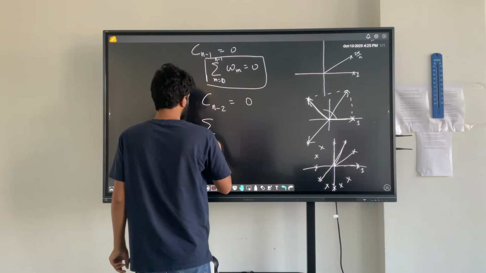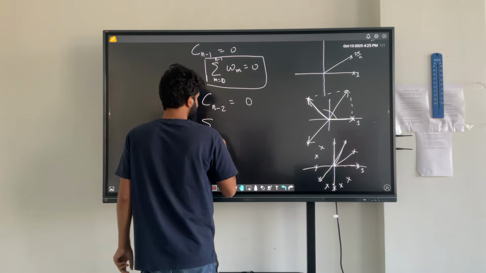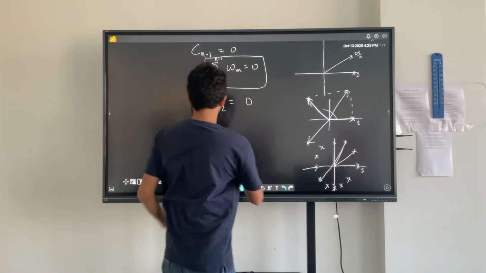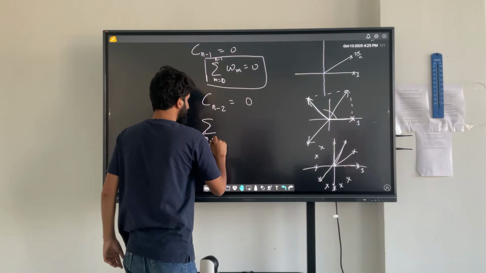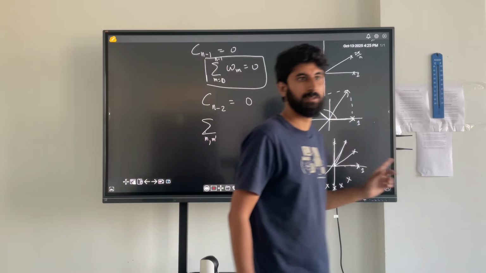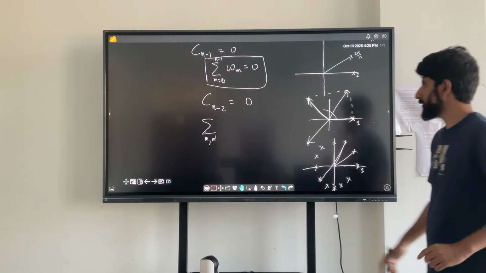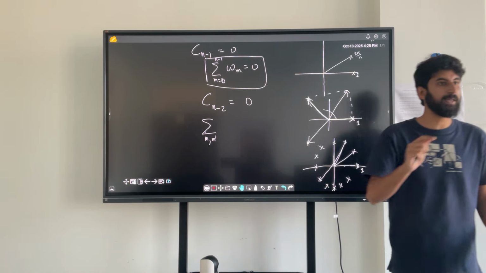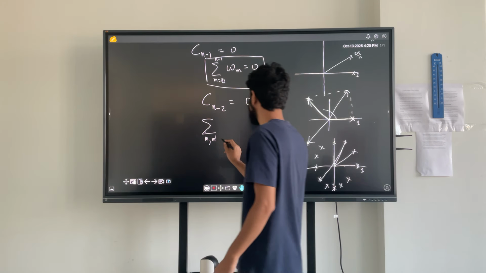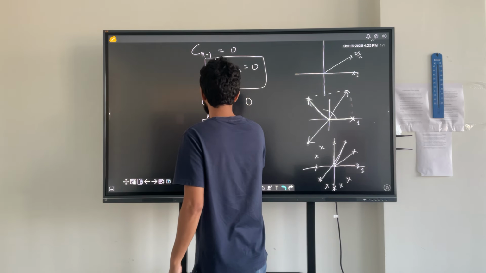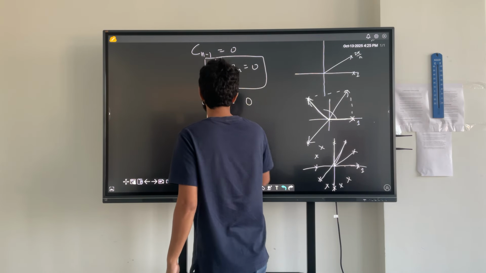Sum over m, m prime, because I am already using n. These zeros are labeled by integers m, which go from 0 to n minus 1. Both go from 0 to n minus 1.